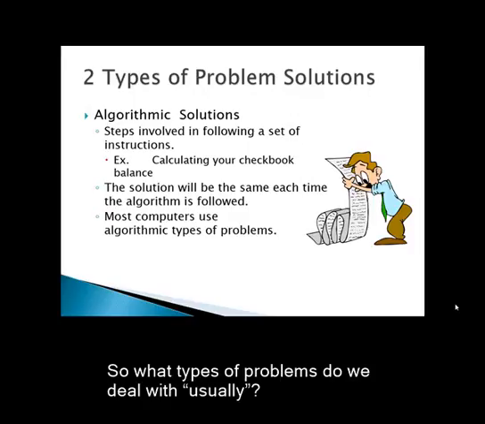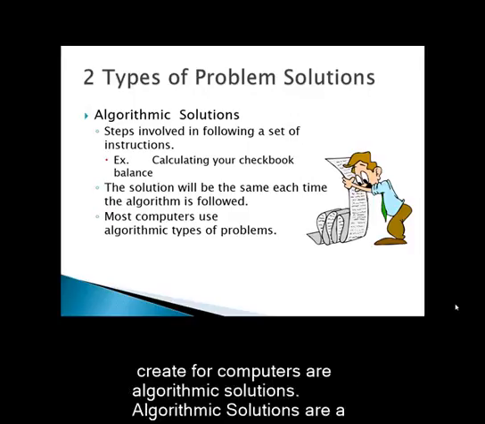There are basically two types when we look at how we translate a problem into a solution. Again, there's not yet any programming involved at this stage. We are basically trying to translate the problem into a solution through what we call analyzing the problem.